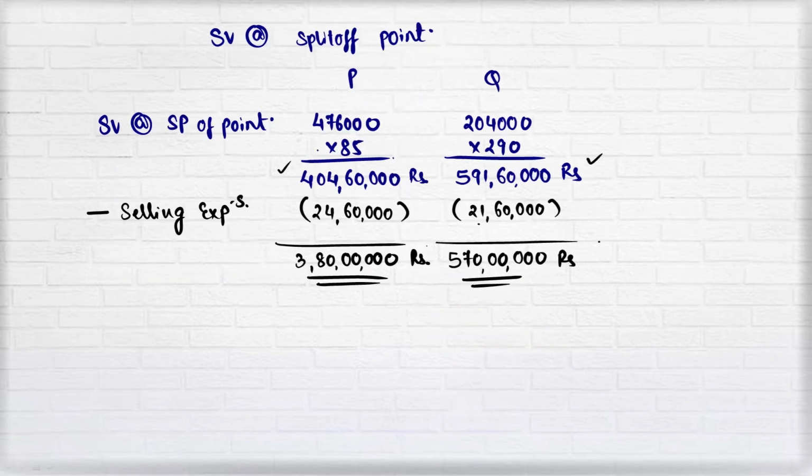Or you can understand it in this manner. This is sales value. What is this? This is net selling price. And net selling price is a good base for distribution of joint cost rather than a gross selling price. And so this will be sales value at split off point.